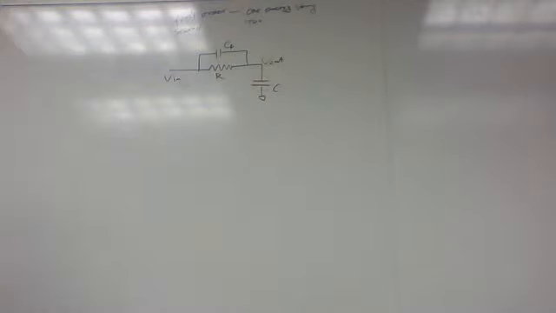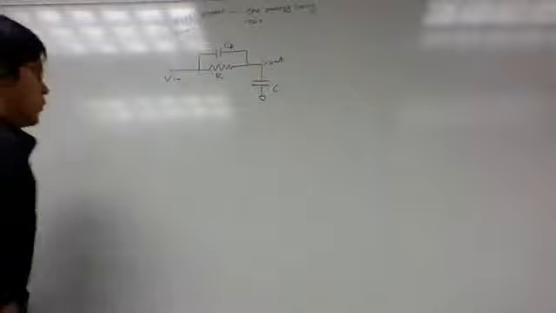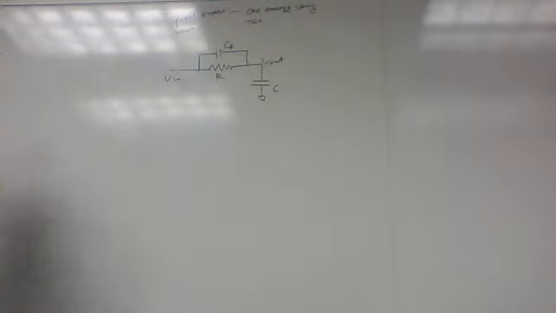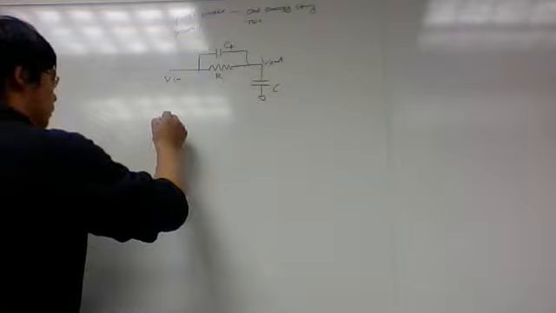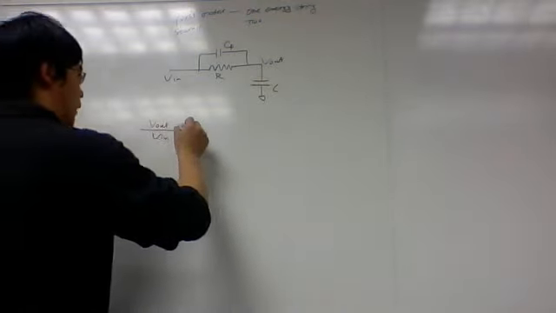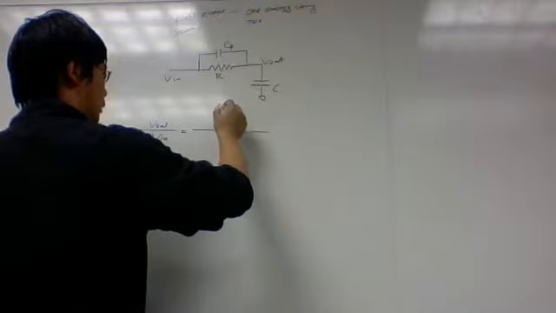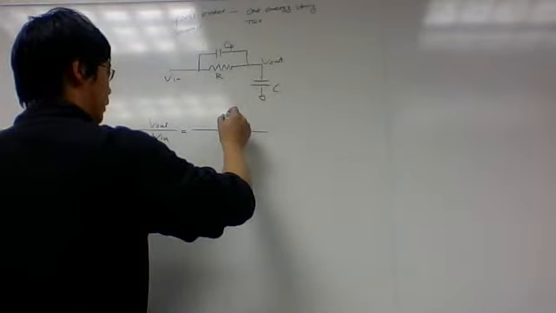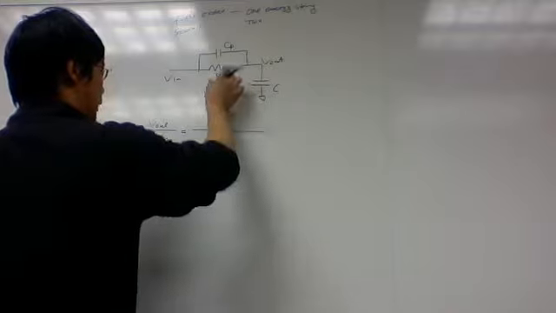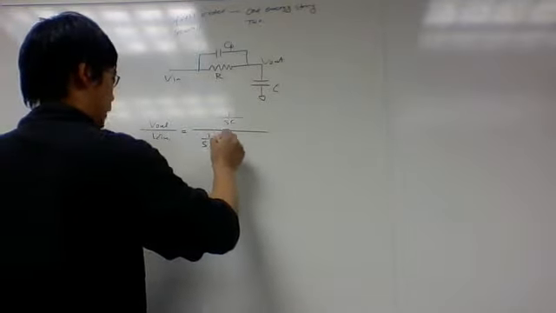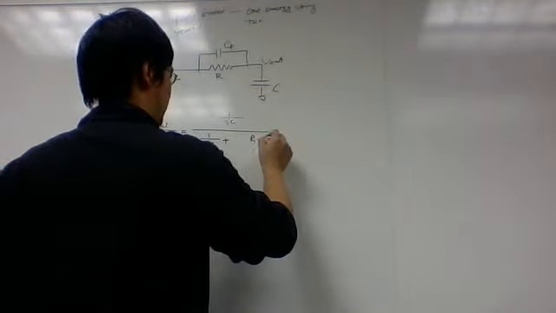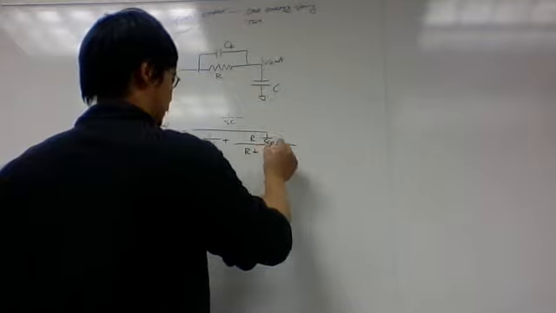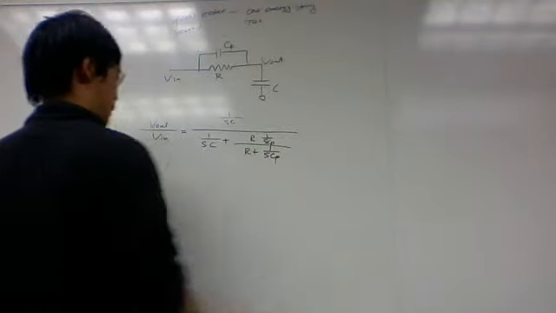Okay, so for this one, V out divided by V in will be basically this part, 1 over SC, divided by this part, 1 over SC plus R in parallel with 1 over SCP, right? So that's the parallel function.